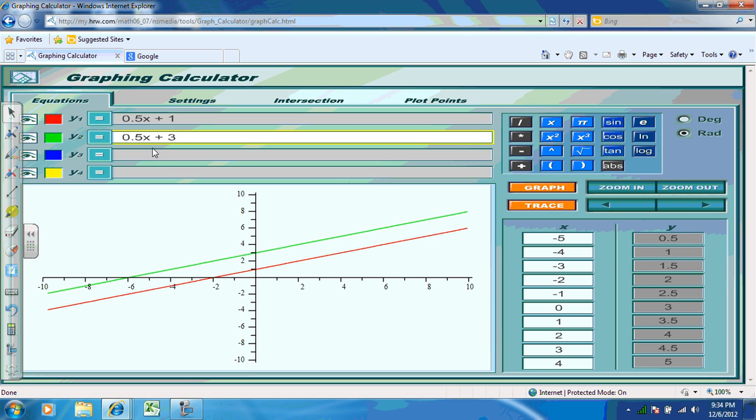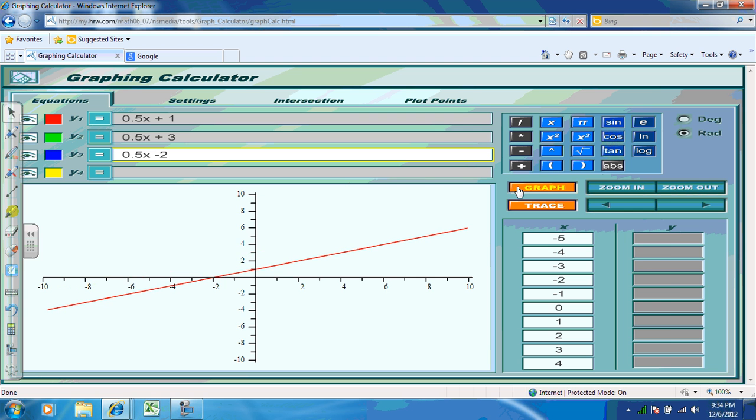You can play with this, and this time I want to put the equation of the line 0.5x minus 2. And the blue line obviously is going to cross somewhere around here at negative 2. So we can predict this. So if we hit graph, we're going to graph all three lines, and they're all parallel because they have the same slope.